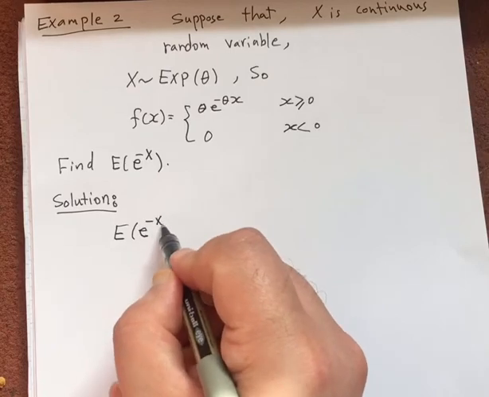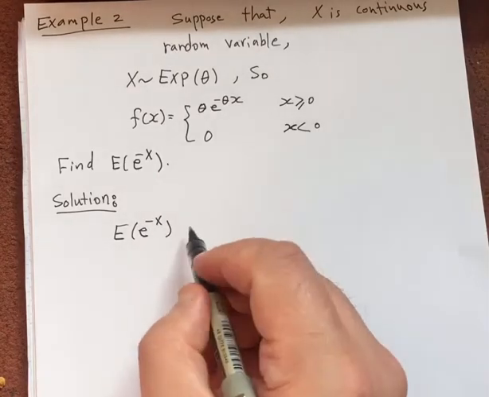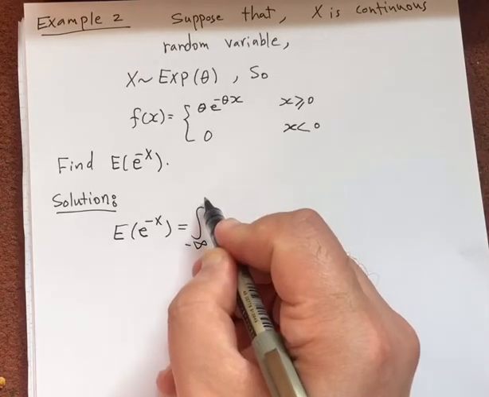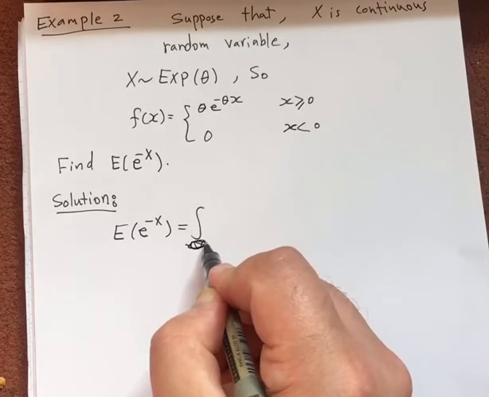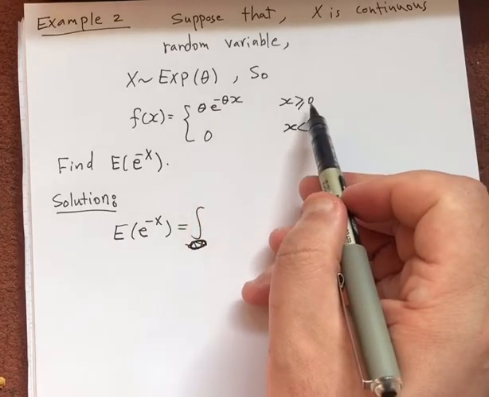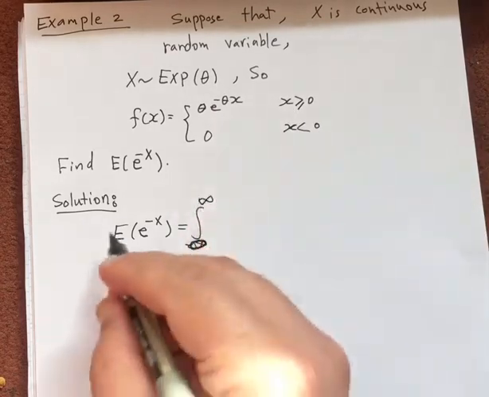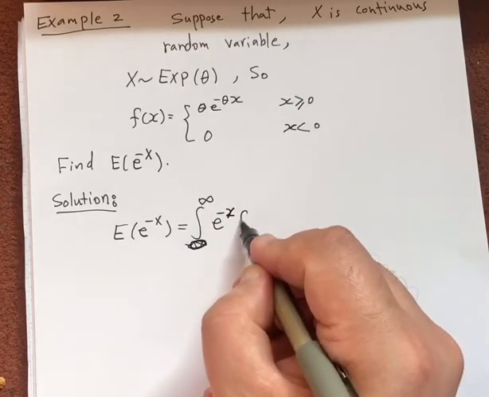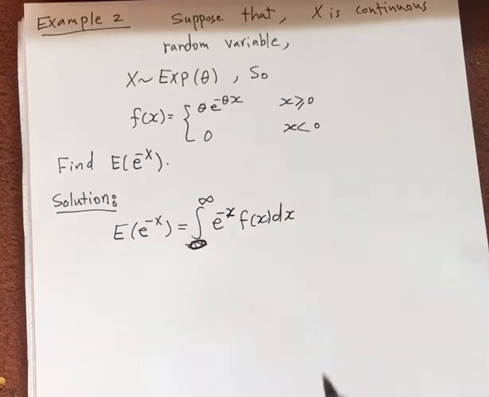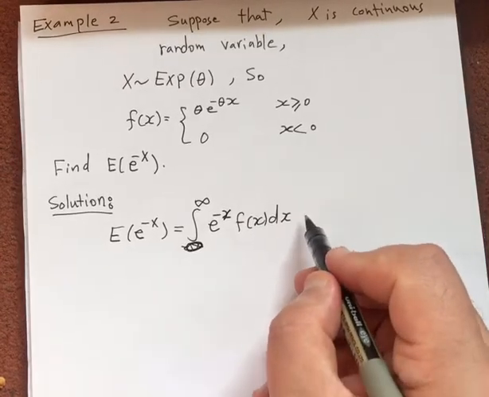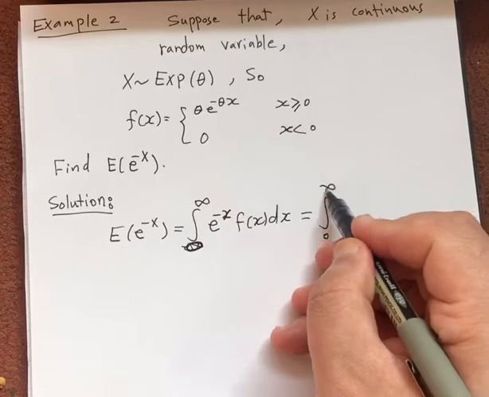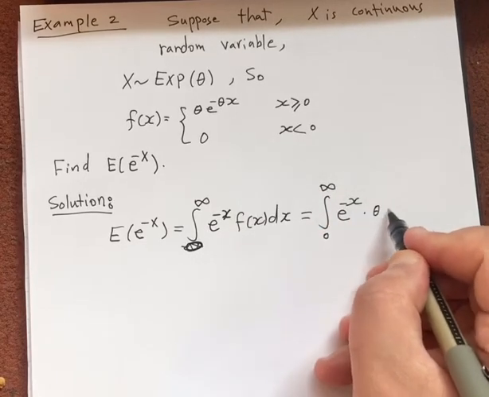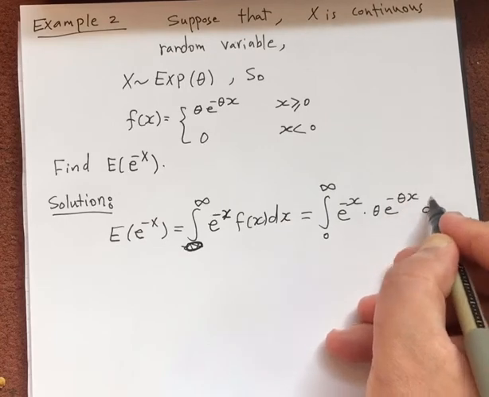The expectation of e to minus X is the integral from minus infinity, sorry, it's 0 because the range is from 0 to infinity, so it's the integral from 0 to infinity of e to minus x f of x dx, and that equals the integral from 0 to infinity of e to minus x times theta e to minus theta x dx.